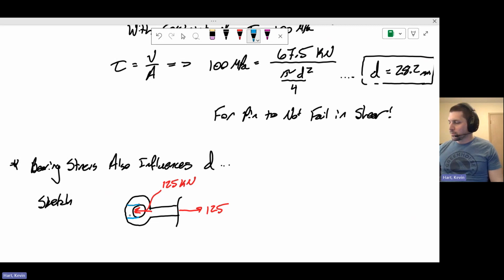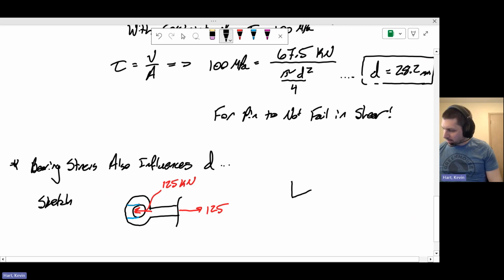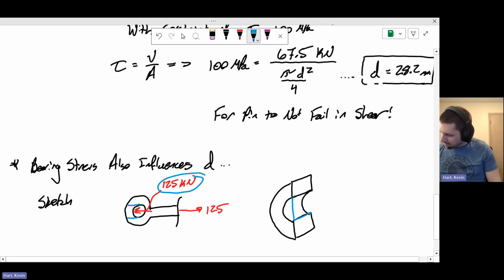And so what becomes influential here is if I were to draw the way that I drew it in class today, is that you're looking at something that looks like this. And the projected area over which this 125 kilonewtons acts is this projected area here, right?